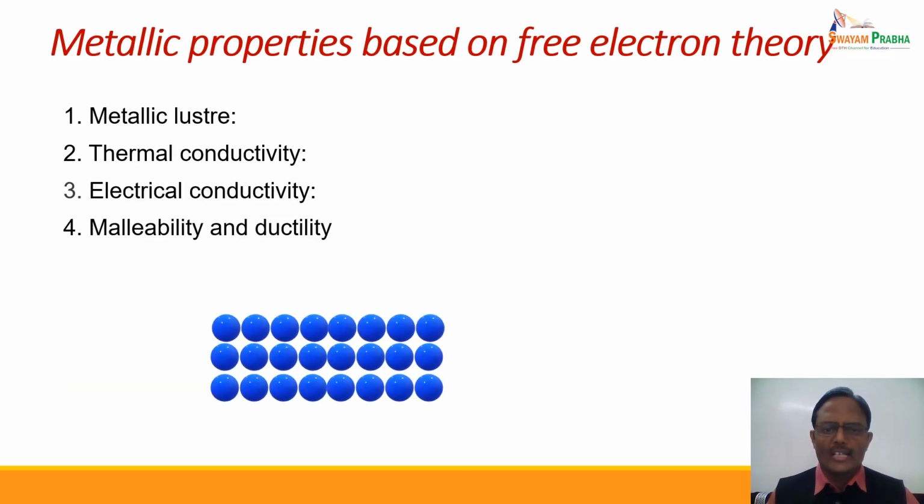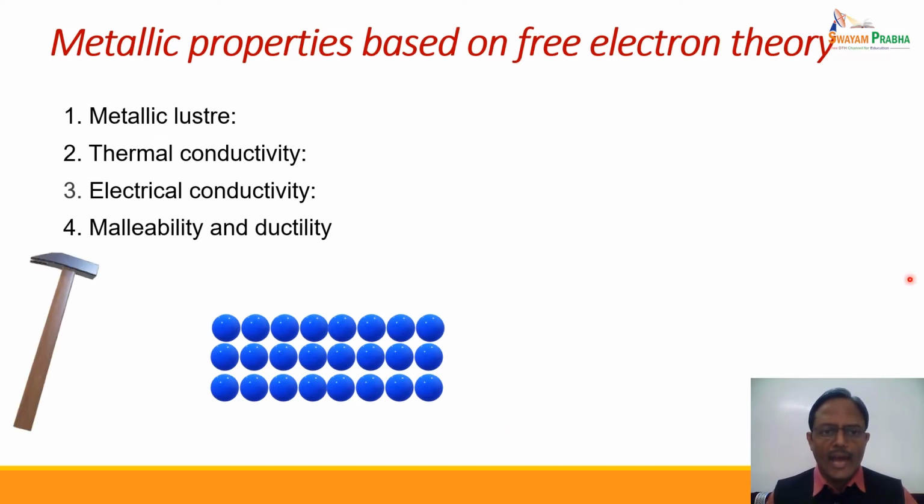The fourth property is malleability and ductility. Now if we have a metal crystal, the situation is something like this. All the positively charged ions are present in localized positions and there are free electrons moving over their surface.